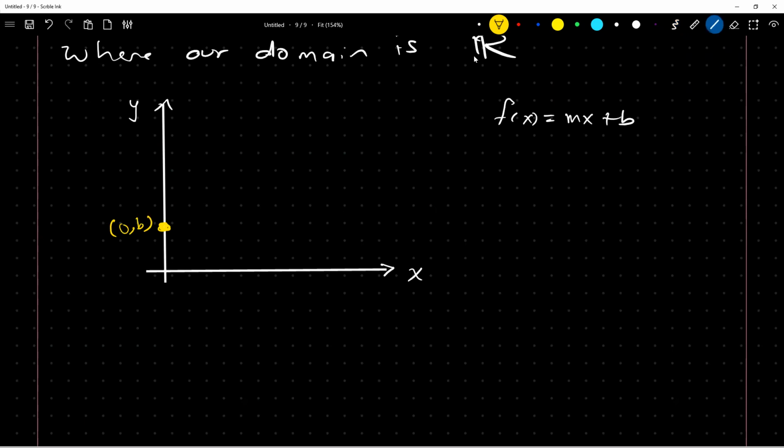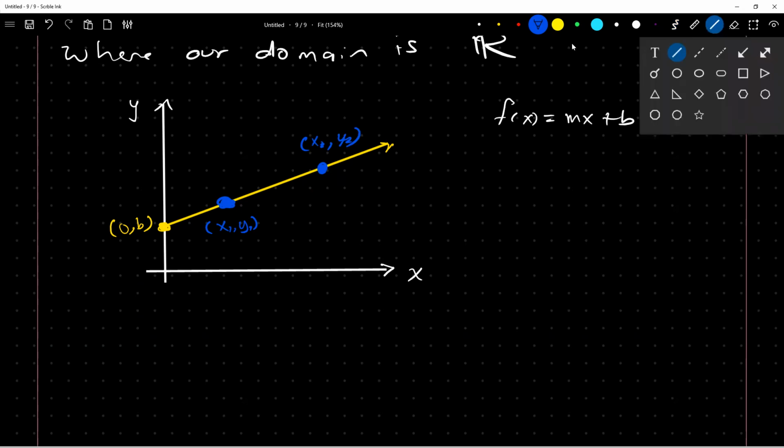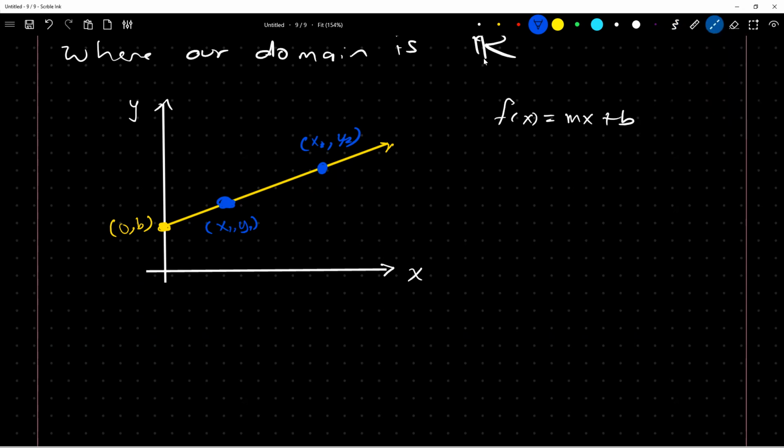And then I'll have some other points on my line. So here I've got x1, y1, and then here I've got x2, y2. And so then we can define our gradient like this.